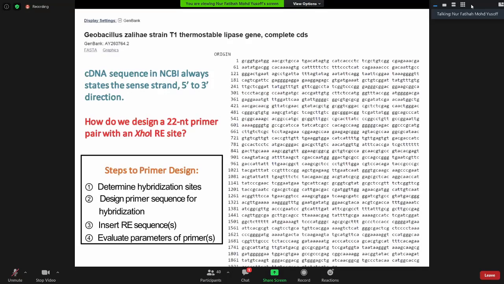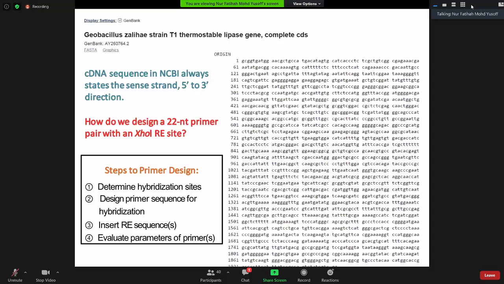Now, for example, we have the sequence. In this case, we have the cDNA sequence. As I mentioned earlier, you can do the PCR on cDNA or genomic DNA, so the primer needs to be designed depending on the template. If the template is cDNA, then you have to refer to the transcript sequence.